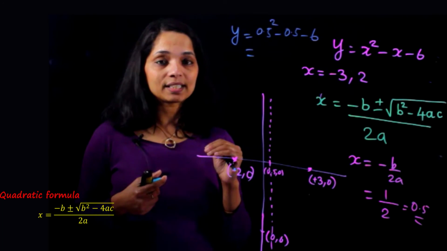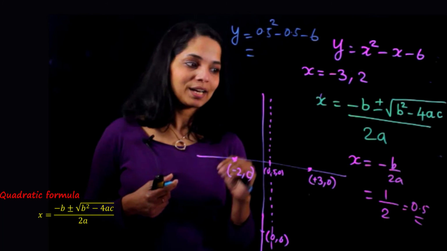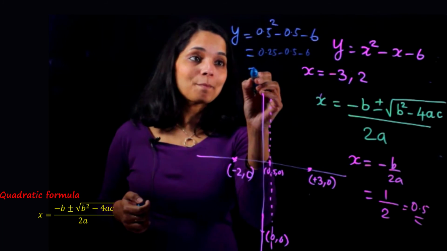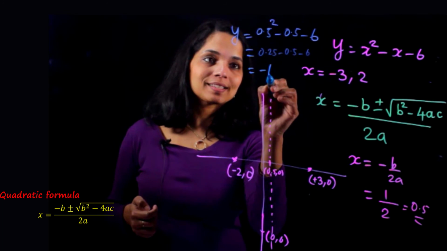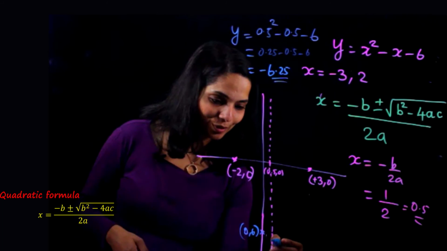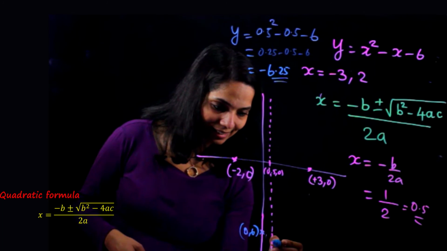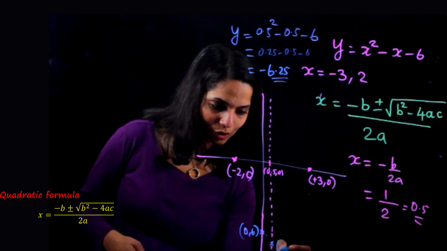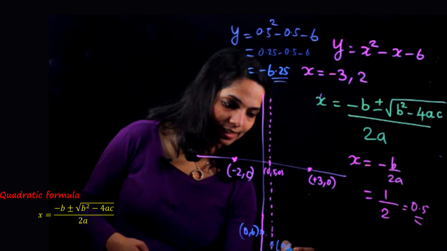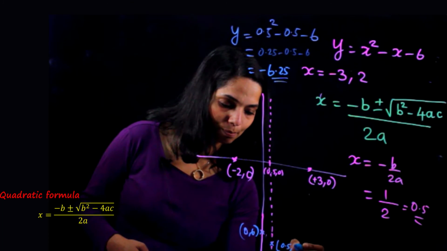That will give us the y coordinate of the turning point, and the x coordinate is 0.5, and that will be minus 6.25. So the turning point is located here, where 0.5 is the x coordinate of the vertex and minus 6.25 is the y coordinate.